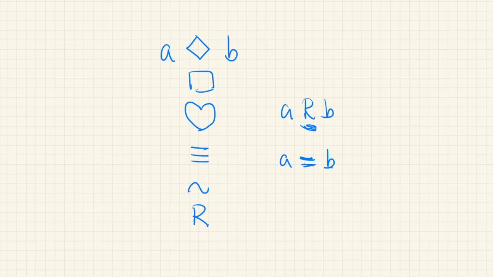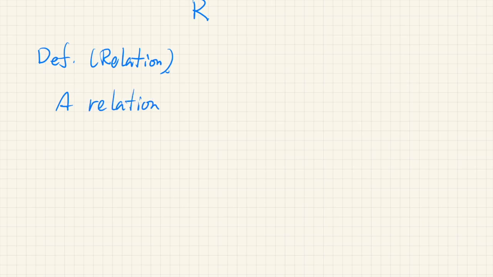So let's define a relation more formally. What is a relation anyway, in general? Here's the definition. A relation, let's call it R. A relation is always defined on a set, so a set must be given.